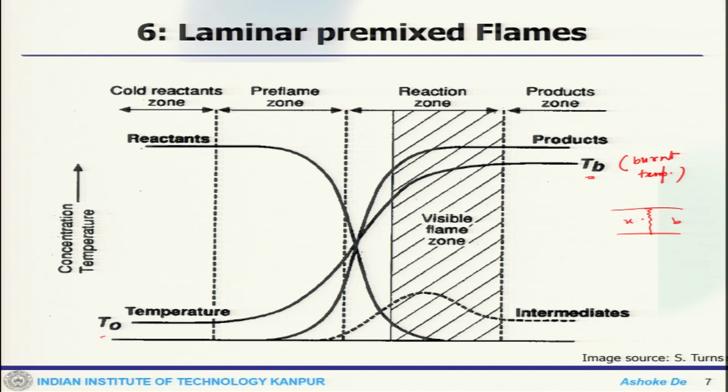When the temperature goes up due to reaction, the reactants will automatically get consumed. So, this is my starting point of the reactants at the initial stage, and as it gets consumed, it will come down and completely consume it.